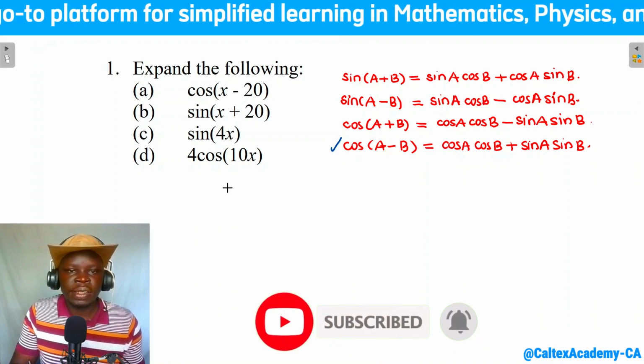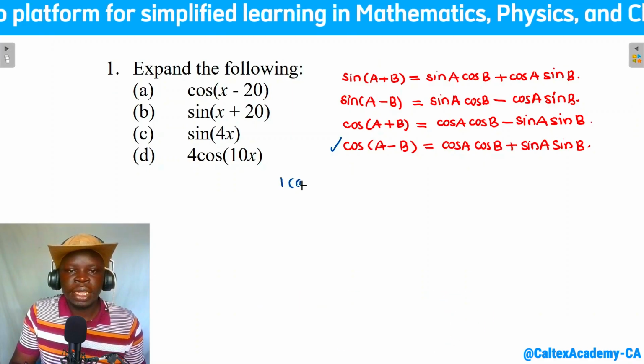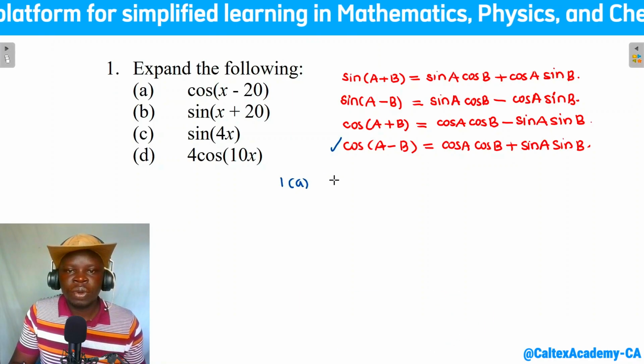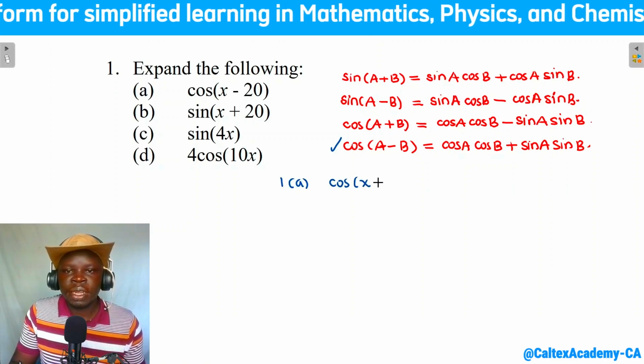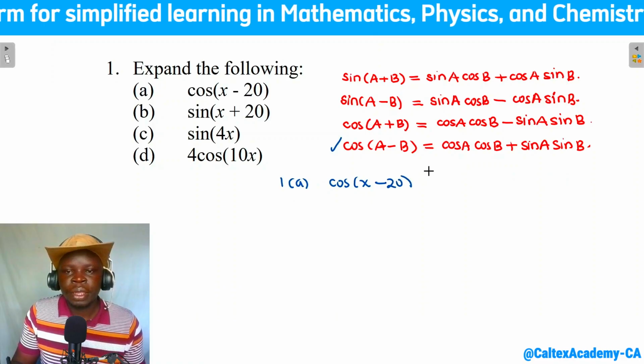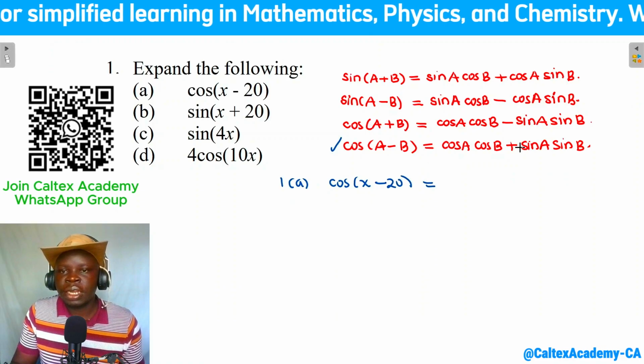So let's go ahead and start getting the solution for the first one. For part A, this says we need to expand cos of angle x minus 20. And this is equivalent to what I've just written here.